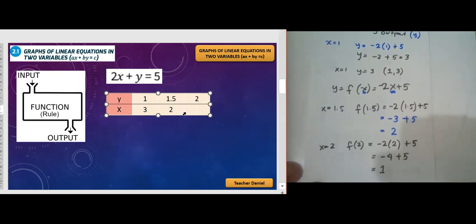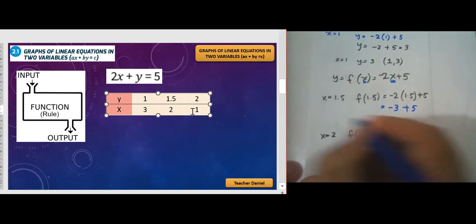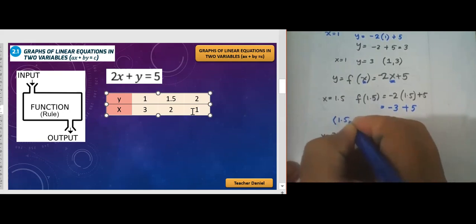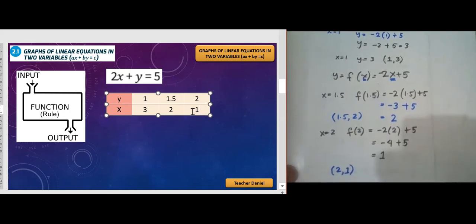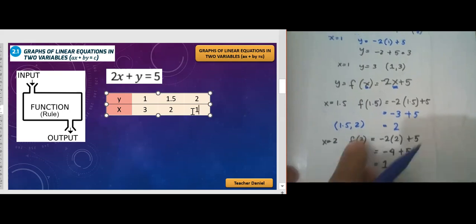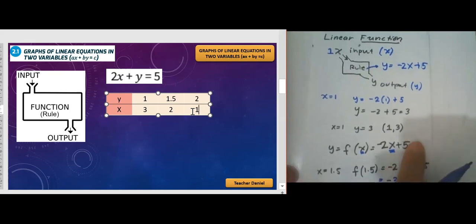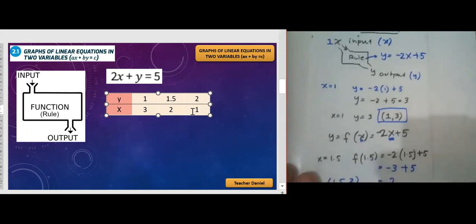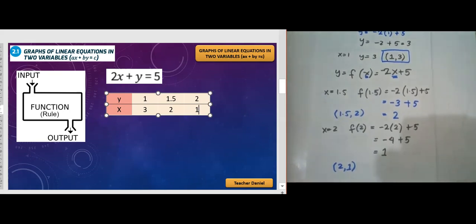So by the way, we can write this as (1.5, 2), and this is (2, 1). Meaning, these points, (2, 1), (1.5, 2), and (1, 3), all of them satisfy your function.